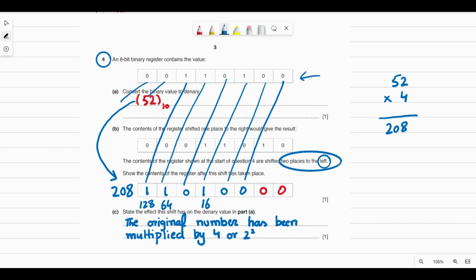Two shifts have an effect of 2 raised to power 2, which is again 4.